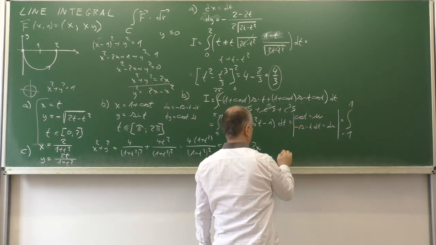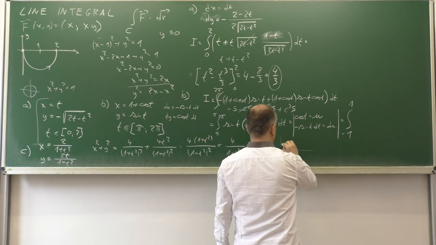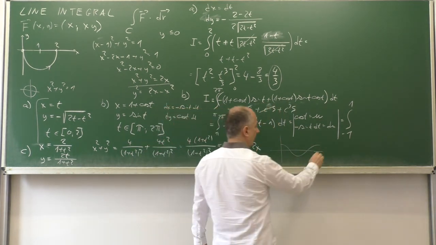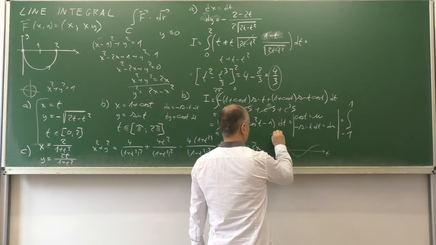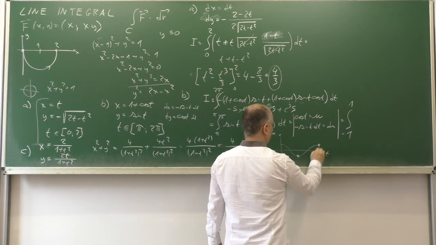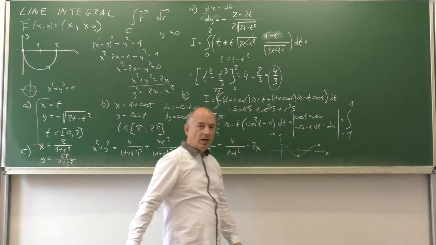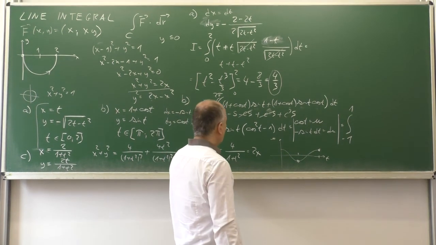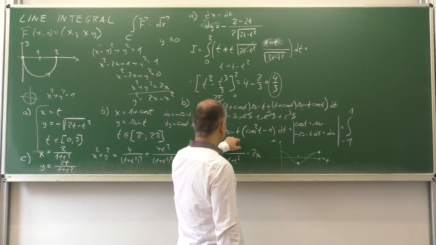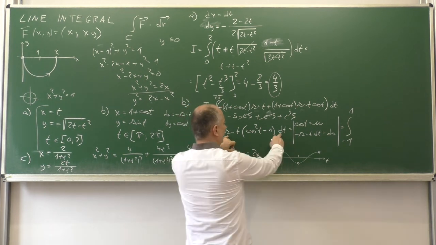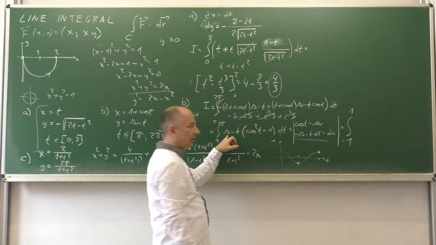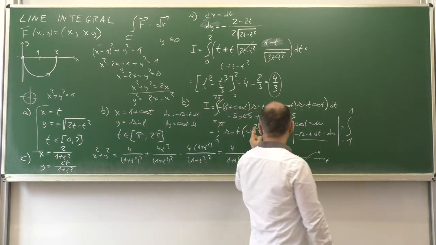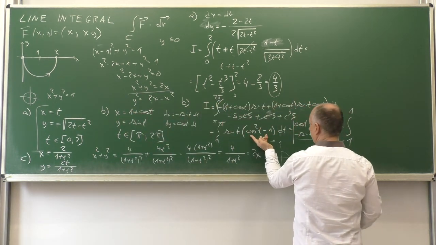This is easy to illustrate with the following graph of the function cosine. We start here and we go up to here. t runs from pi to 2 pi and u runs from minus 1 to 1. Then sine t dt is the differential of the new variable up to the minus sign. So we swap this and we are done.